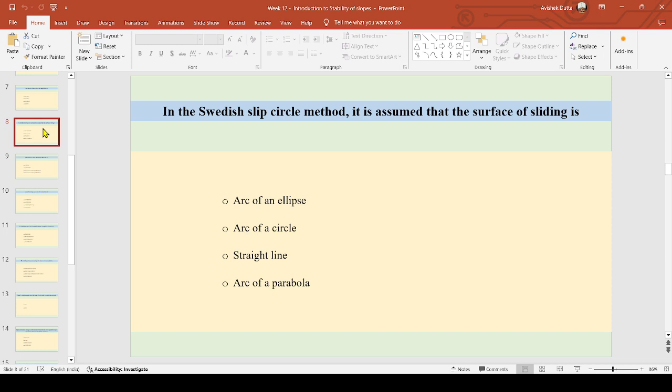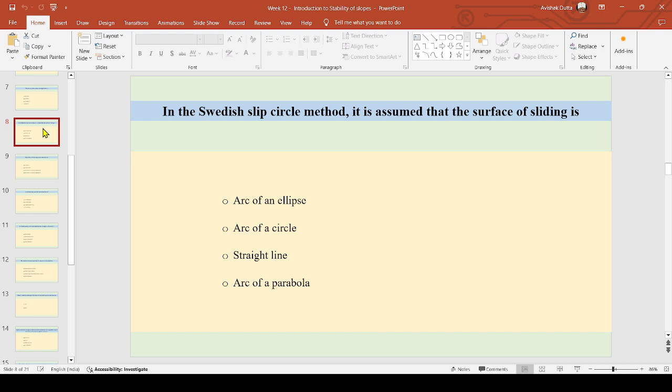I'll repeat the question once. In the Swedish slip circle method, it is assumed that the surface of sliding is, your options are arc of an ellipse, arc of a circle, straight line, or arc of a parabola.